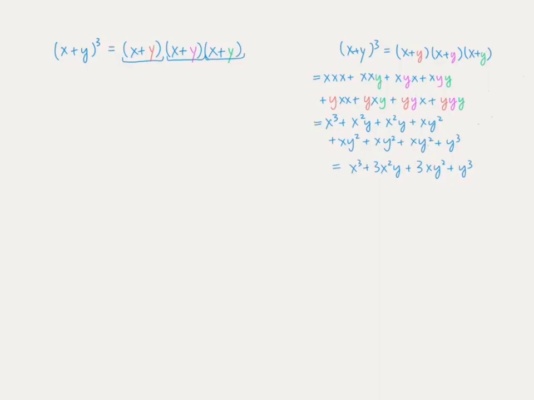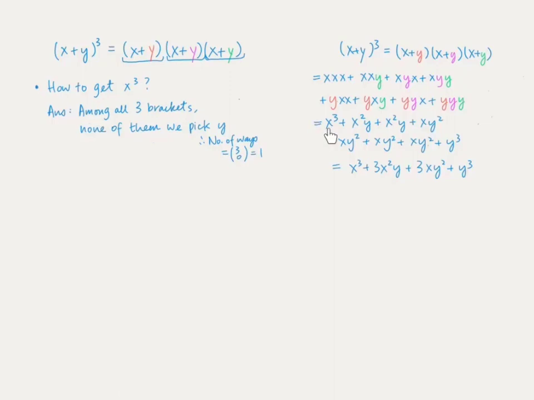Let us refer to the left part. We still focus on y. How do we get the term x cubed from the expansion? It is obtained by choosing no y from all 3 available brackets. The number of ways is 3 choose 0, which gives 1. Thus, the coefficient of x cubed is 1.